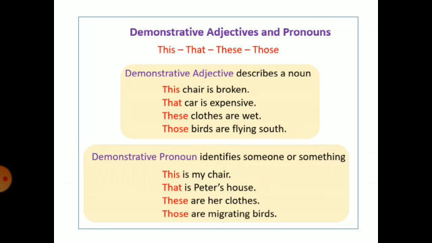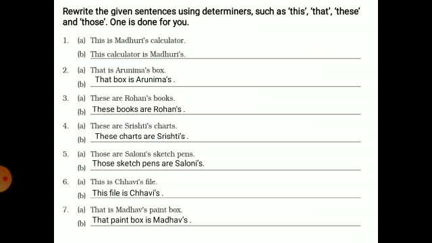So now in your worksheet, part A is given as demonstrative pronoun. This is Madhuri's calculator. Now this is pronoun. But when we talk about this calculator is Madhuri's, it becomes demonstrative adjective.